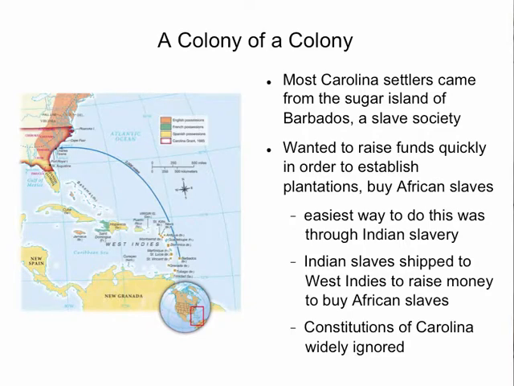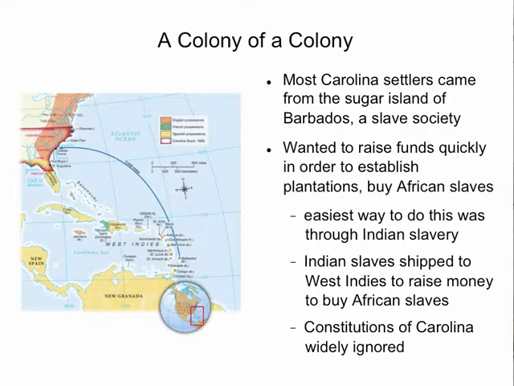And they wanted African slaves, but they didn't have enough money to buy Africans on the international slave market, and so they came up with another strategy. They began to kidnap and to enslave Indians in violation of the fundamental constitutions of Carolina. But they didn't keep those Indian slaves in Carolina.